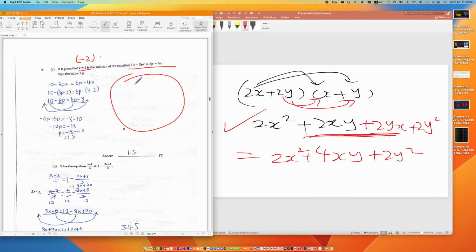When you sub in negative value, what is the thing you always make mistakes? Replace the x with negative 2. Look at the previous question that you make mistake. That is inexcusable.